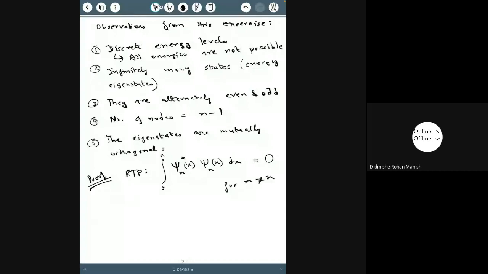This is called an overlap integral. If you take any two functions and integrate their product over their full domain, that is called the overlap of two functions. This is a general mathematical quantity. And if two functions do not overlap, they are said to be orthogonal.